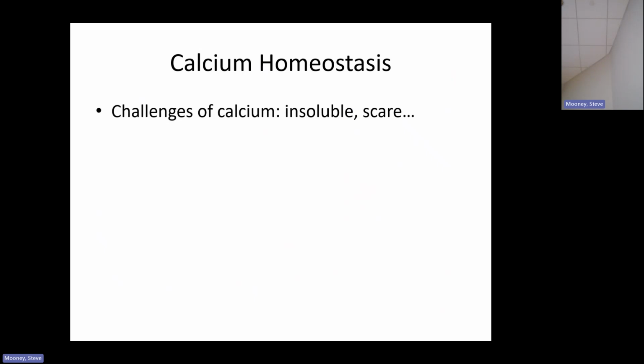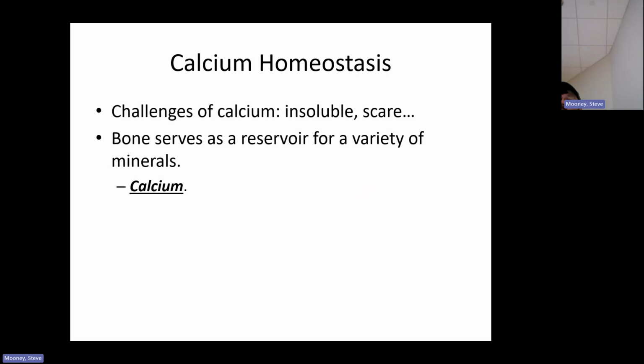We also find that calcium is pretty scarce. When we looked at what makes up the Earth's crust, calcium is not one of the top things. So when we get it, we need to store it for later use. We need to have it around when we need it. So the bone acts as a reservoir for calcium.